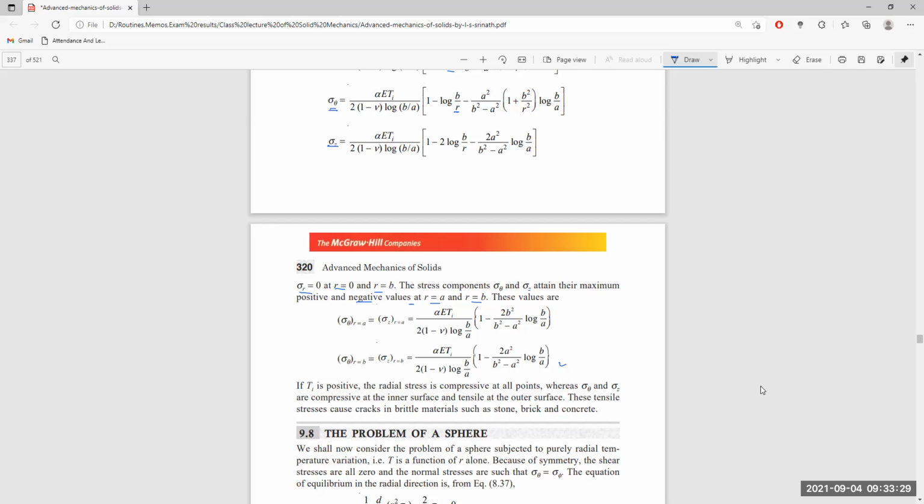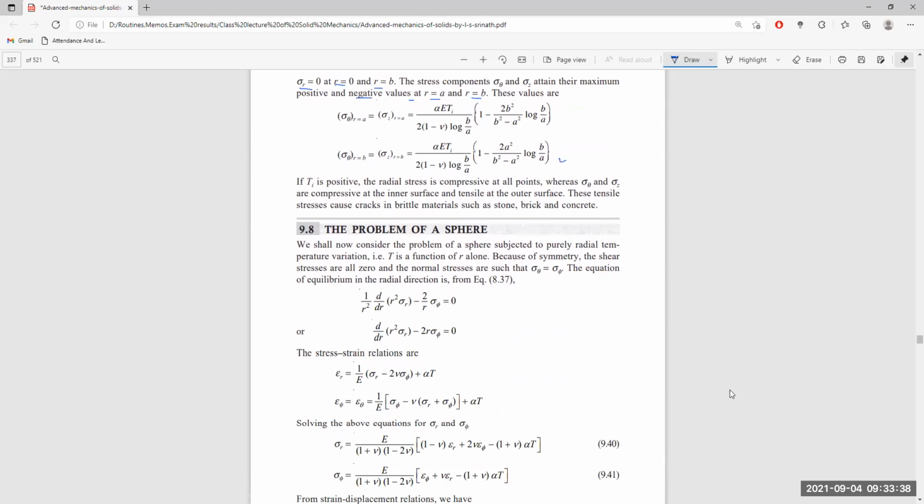These tensile stresses cause cracks in brittle materials such as stone, brick, and concrete itself. Now let us see what is exactly happening in the sphere itself. We shall now consider the problem of a sphere. It is subjected to purely radial temperature variation.